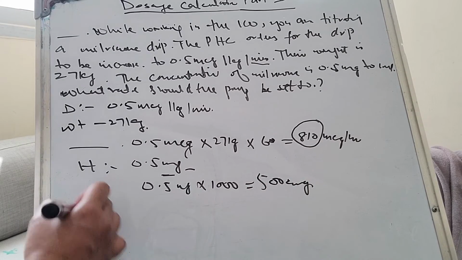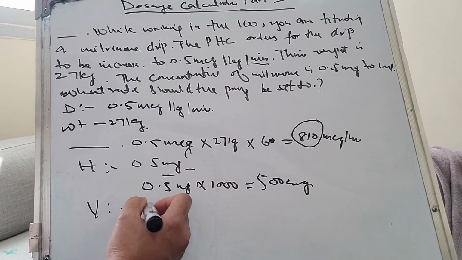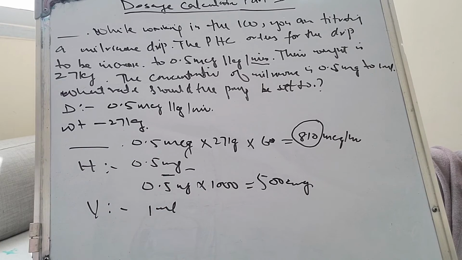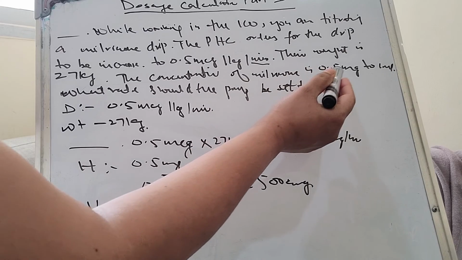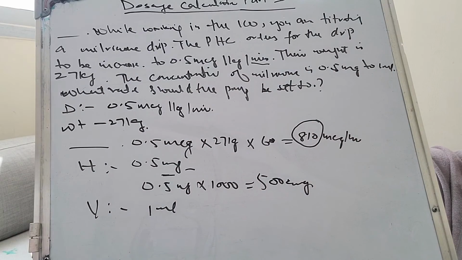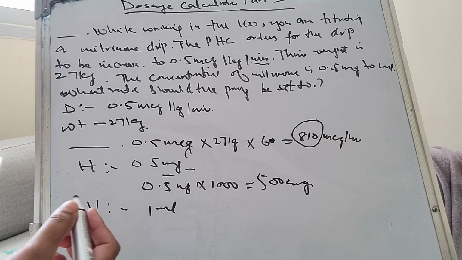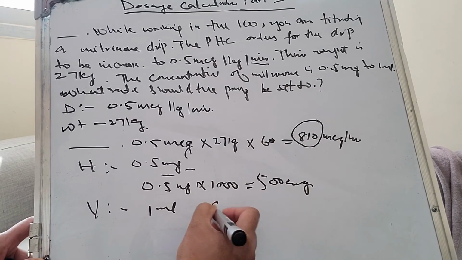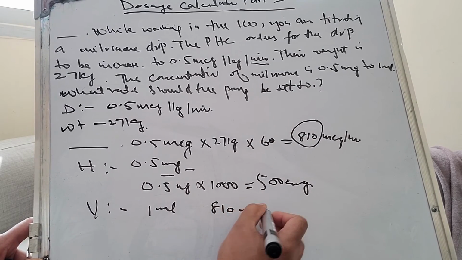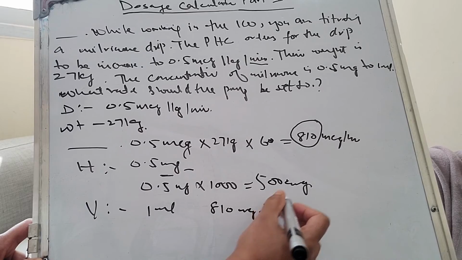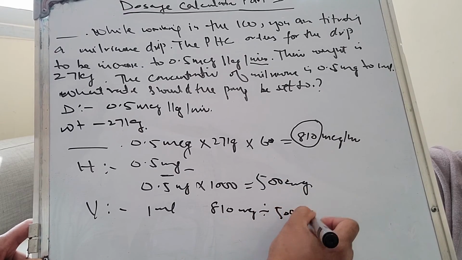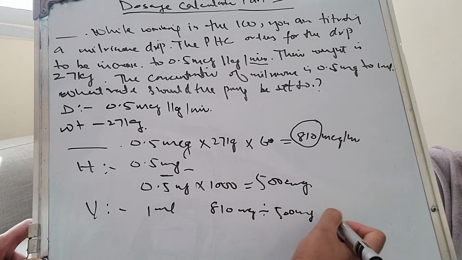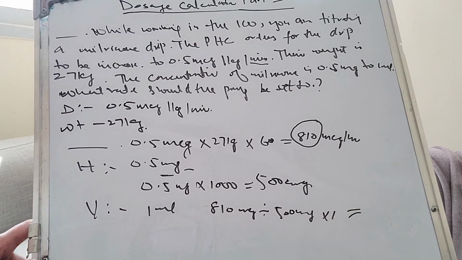So what is our vehicle? The third step is vehicle. So vehicle is 1 ml, because they told you 0.5 milligram to 1 ml, that is our vehicle. Now how will we get the answer? Our answer is desired dose 810 microgram divided by 500 microgram that we have in our hand, multiply by vehicle 1.